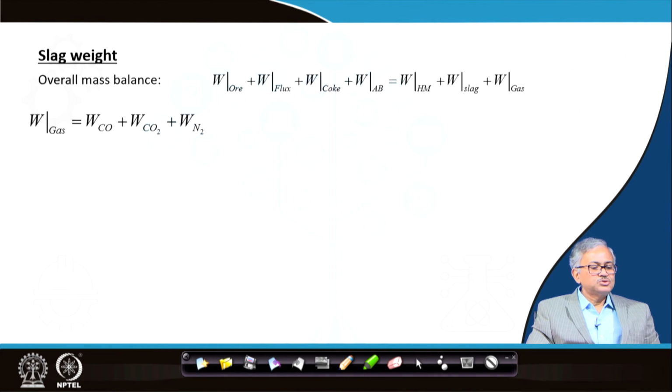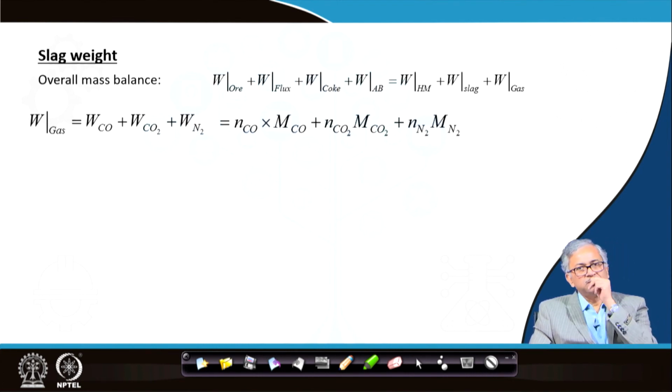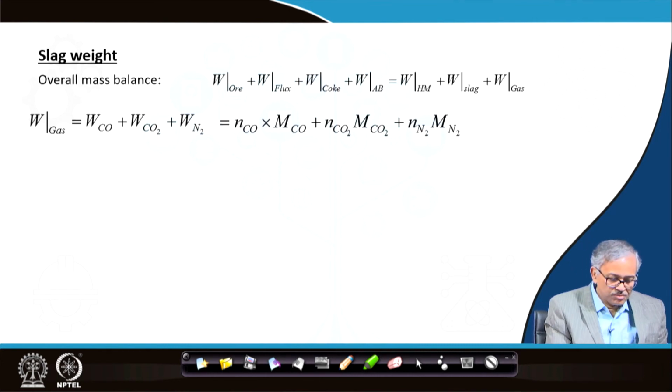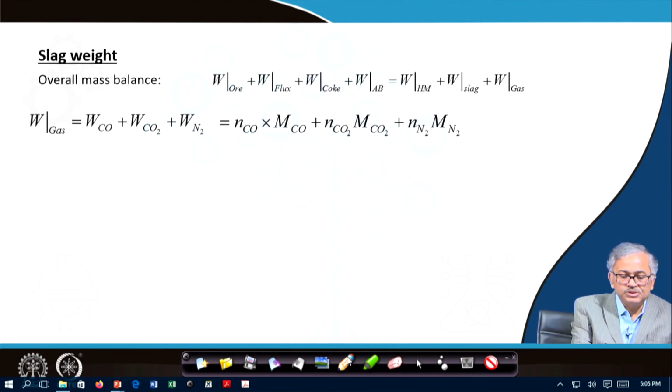For example, for the gas weight, I calculate the weight of CO plus the weight of CO2 plus the weight of nitrogen. How is the weight of CO calculated? It is the moles of CO multiplied by the molecular weight of CO, then moles of CO2 multiplied by the molecular weight of CO2, and then moles of nitrogen multiplied by the molecular weight of nitrogen. We already calculated the moles of CO. Now, how do I calculate the moles of CO2, NCO2?